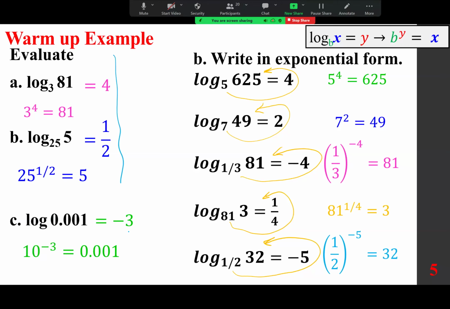Let me add something. For example, ln of x equals y. With this arrow, remember when we don't write the base for natural log, the base is e, so e to the power of y is x.